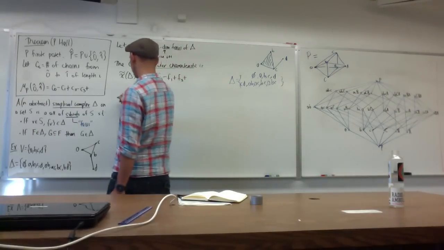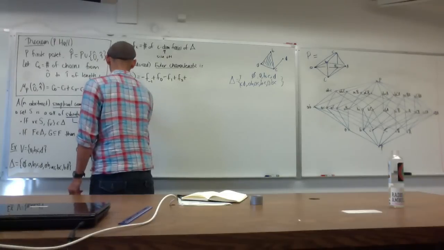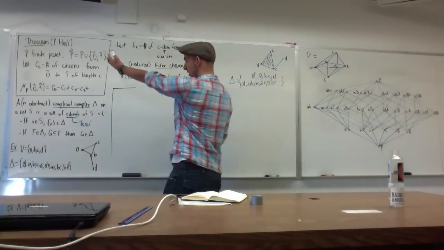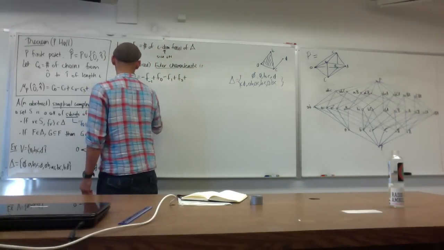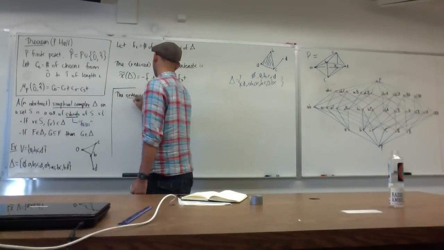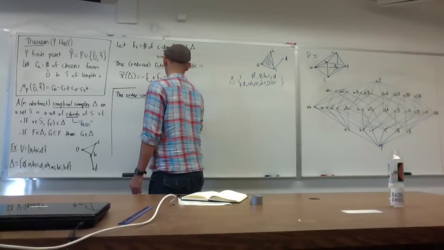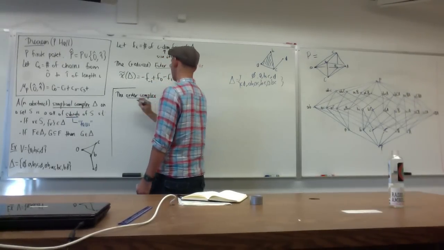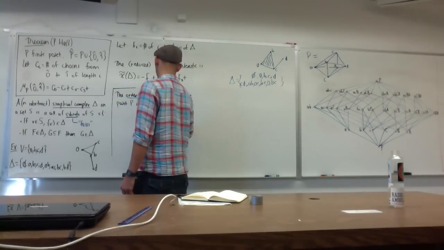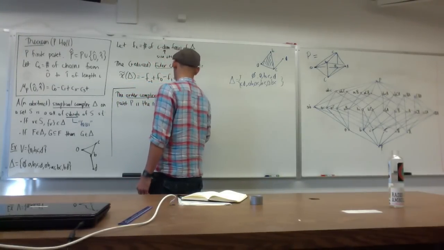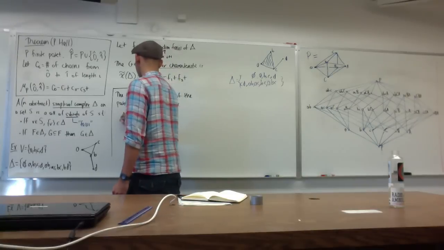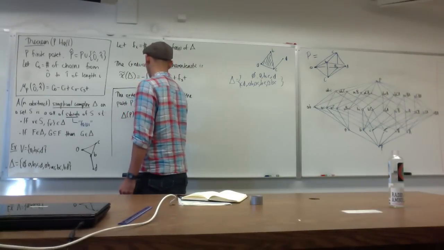And now let's make another definition. Okay? So if I have a poset P, like I did here, the order complex of the poset P is the simplicial complex whose faces are the chains of the poset.